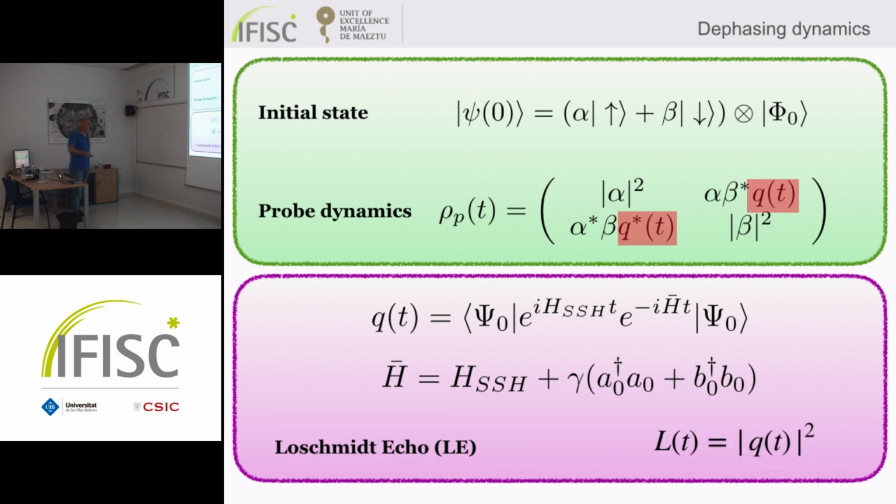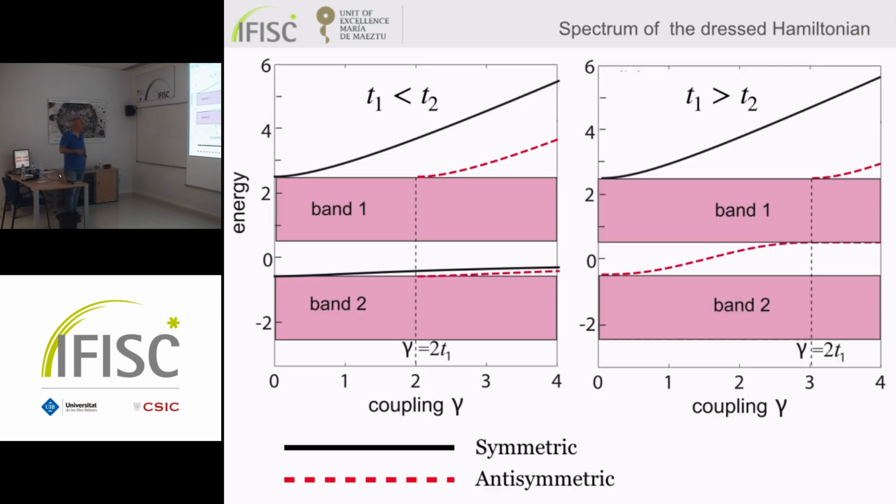And just to mention that this Q, the square of the modulus of this Q is known in literature as the Loschmidt-Echo. And it measures the way you take an initial state, you let it evolve according to different dynamics, and you study the distance as a function of time. It is known as Loschmidt-Echo.